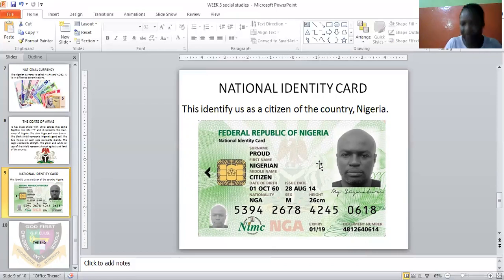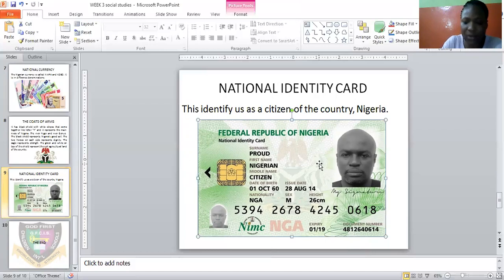Everyone must have it. Just like when you want to go to another country, you must obtain the visa and the passport of that country. The same thing with our nation. Even if you are coming from another country to ours, you must obtain it.